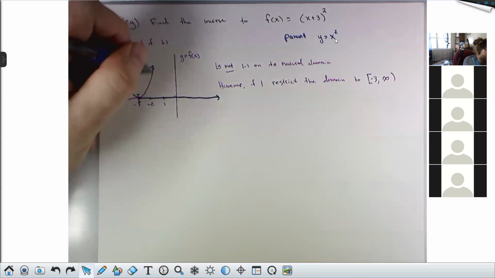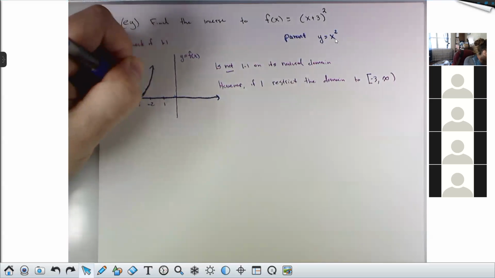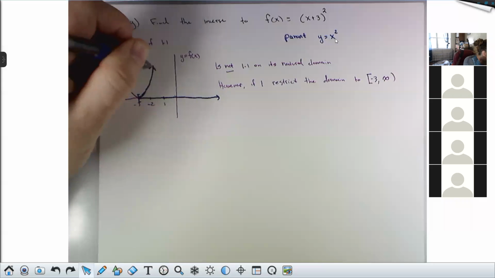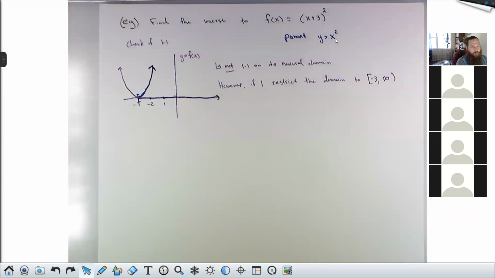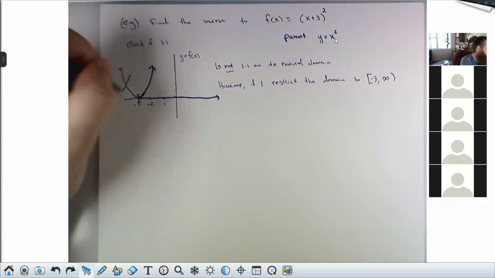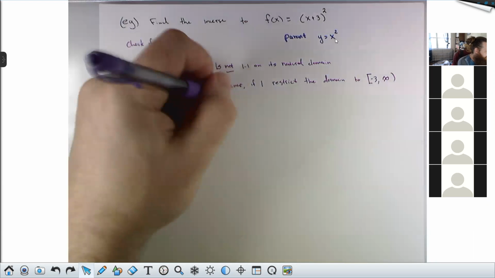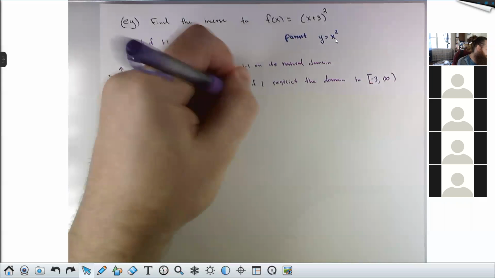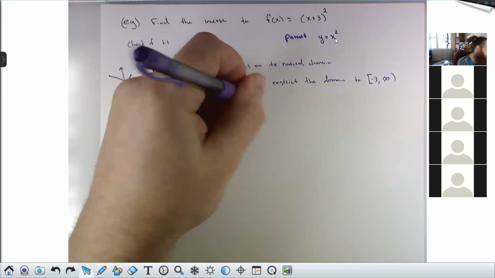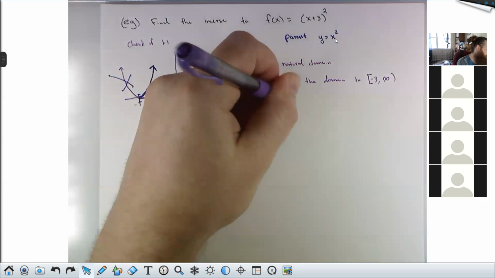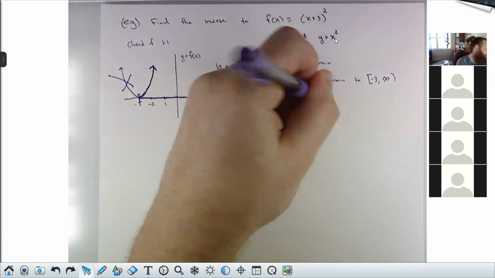Then that is just this part of the function, which is 1-to-1. So I'm like throwing all of this away. If I restrict the domain to -3 to infinity, the function becomes 1-to-1.